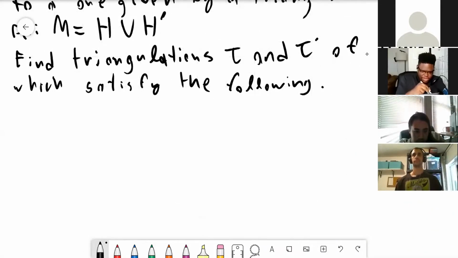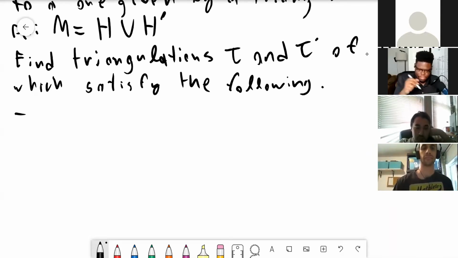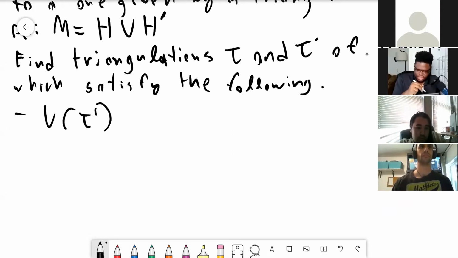So the first thing that we want here is that for the thickening of the one skeleton of, ooh, this is bad notation.